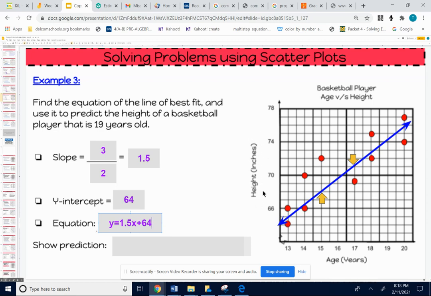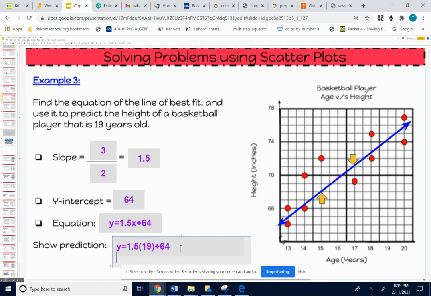So all you need to do is take this equation, replace x with what they give you, 19, and find out what y is. So we have y equals 1.5 times 19 plus 64.